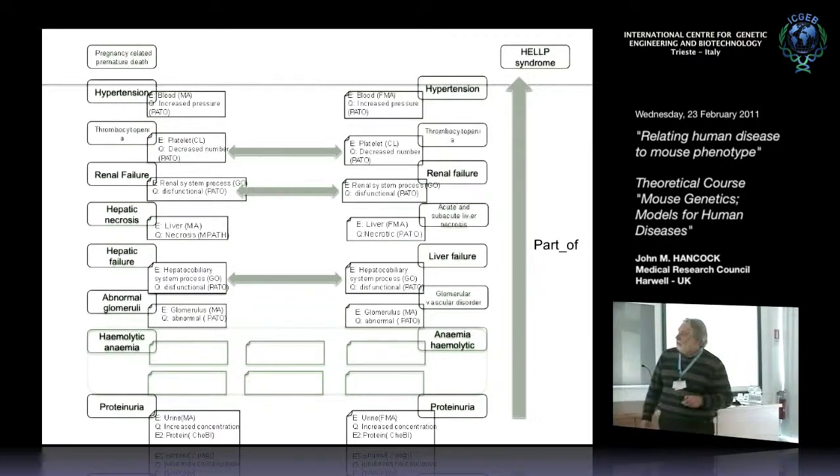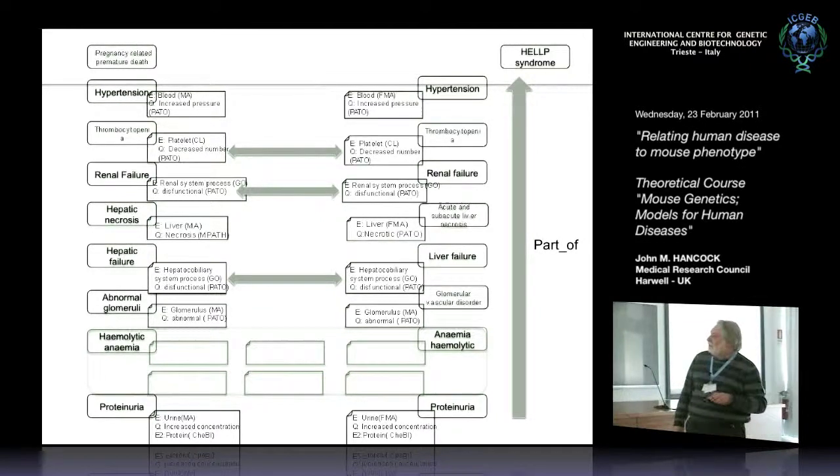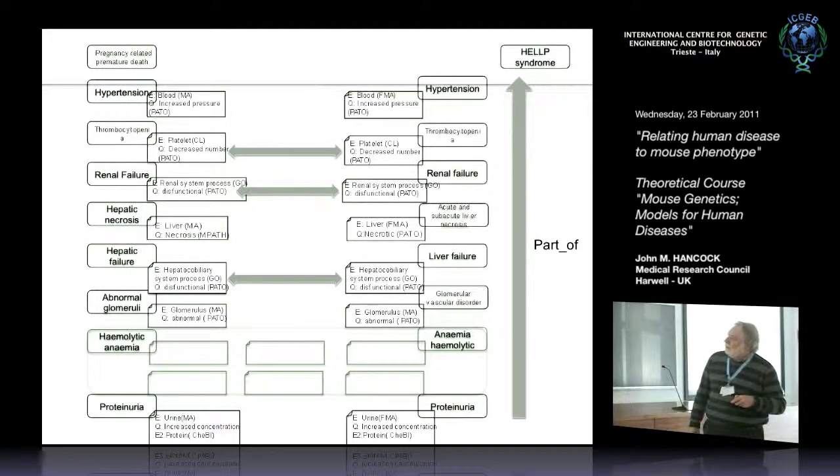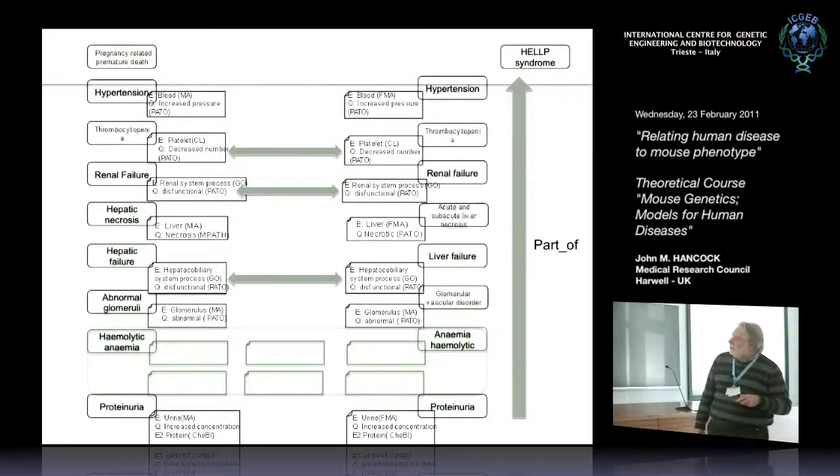So in this case, for example, hepatic failure and liver failure are different terms, but they're both in GO hepatobiliary system processes, and they're both dysfunctional. So they're both that in both species, and by knowing that these things have the same breakdown in the different species, you can map them even though the terms are not the same. When I say you, I mean a computer can map them.